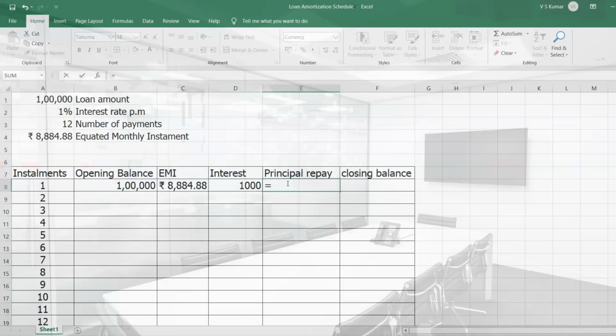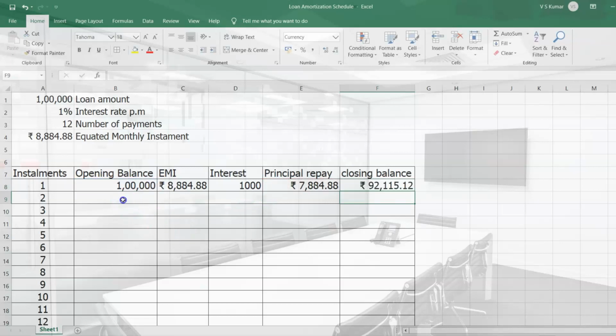And the principal repayment is out of the loan amount of 1 lakh: you are paying this 1000 towards the interest account, and the balance goes to the principal account. Actually, out of the EMI, you pay this 1000 towards interest. It means the balance goes to principal repayment. The closing balance of principal will be 1 lakh minus principal repaid.